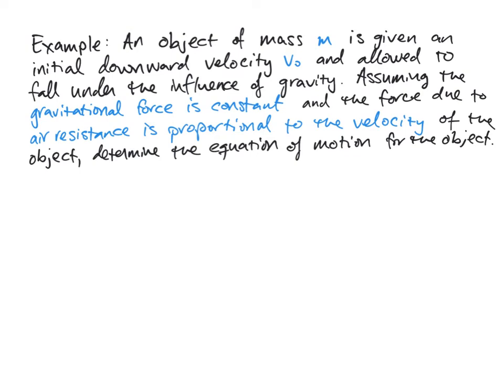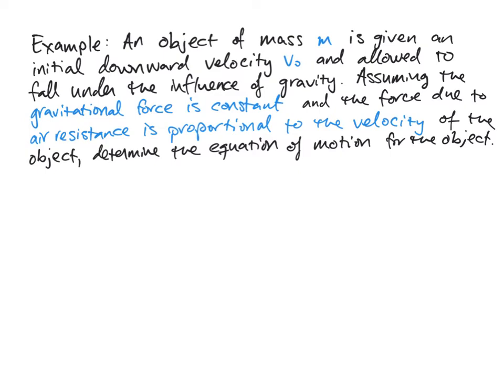So here's our problem. We have an object of mass m, which has an initial downward velocity given as v naught, and it's falling under the influence of gravity. It's telling us that there are two forces on it, the gravitational force, and then the force due to the air resistance. We want the equation of motion.